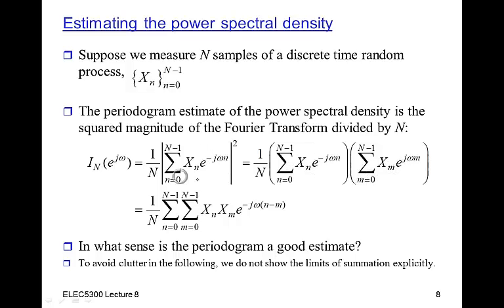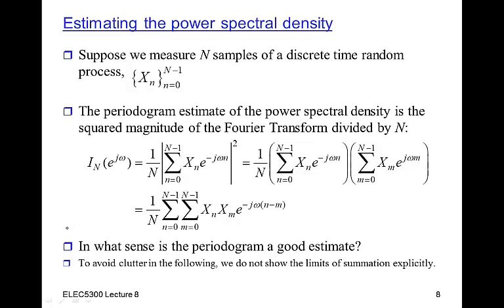So now when we have the square term here, we get a double summation over x of n times x of m, e to the minus j omega n and e to the j omega m. That's a minus minus here, which will give us the plus. And so the question we have is, in what sense is the periodogram a good estimate?